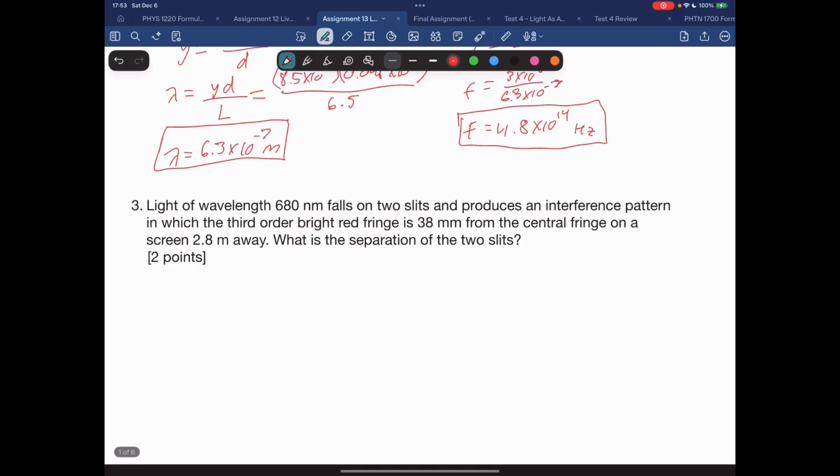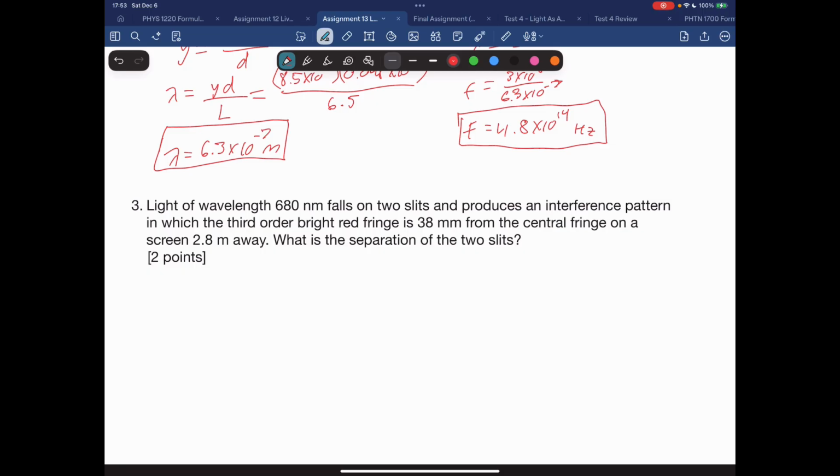Question 3. Light of wavelength 680 nanometers falls on two slits and produces an interference pattern in which the third order bright red fringe is 38 millimeters from the central fringe on a screen 2.8 meters away. What is the separation of the two slits?